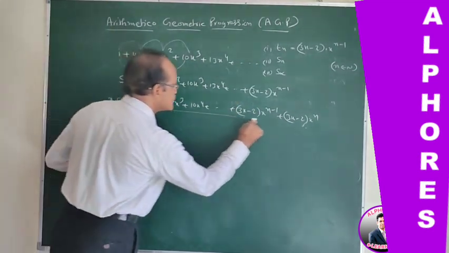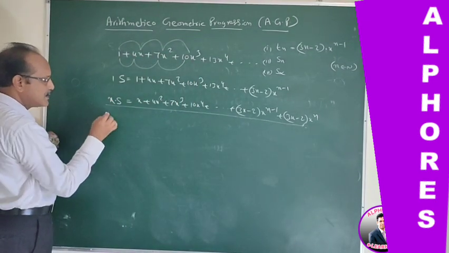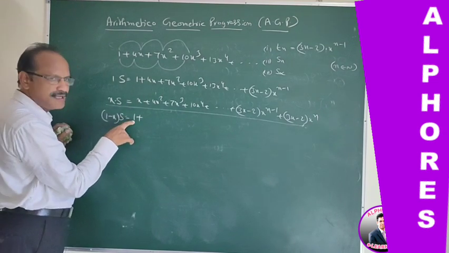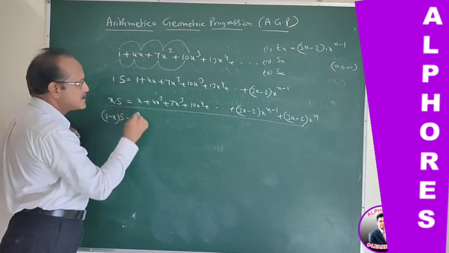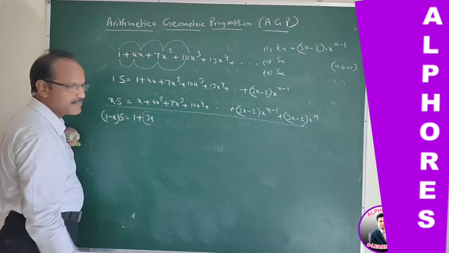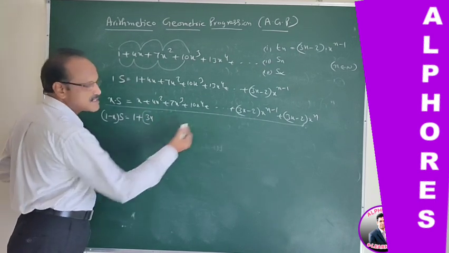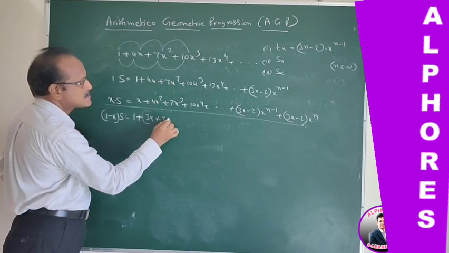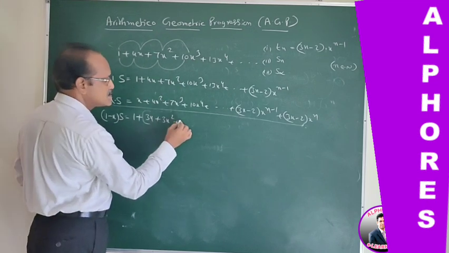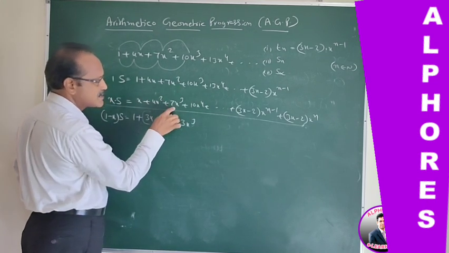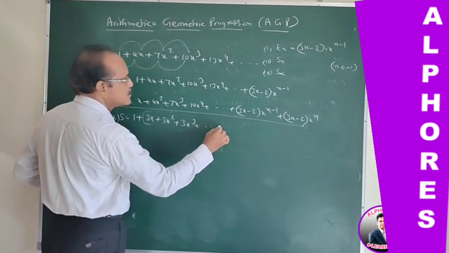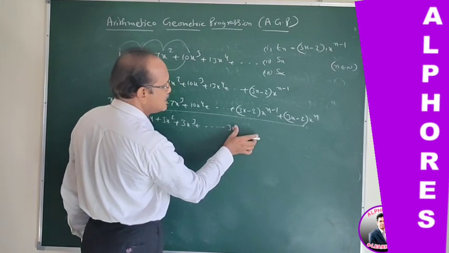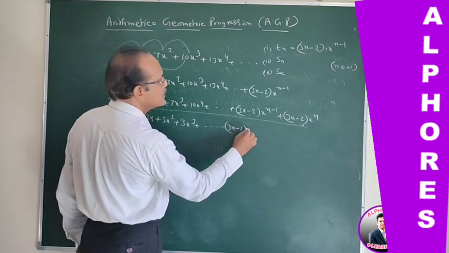Now subtract these two. Here 1 minus x into S is equal to 1, the single term, and then 4x minus x, that is 3x, and put a bracket here because it forms a GP series: 3x, next 7x square minus 4x square, 3x square, then 10x cube minus 7x cube, 3x cube, plus so on, up to the last term minus 3n minus 2 into x power n.